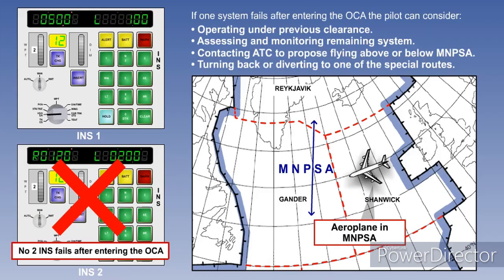If one navigation system fails once the aeroplane has entered the OCA, the pilot should normally continue to operate in accordance with the clearance already received, appreciating that the reliability of the total navigation system has been reduced. The pilot should assess and monitor the performance of the remaining system for the remaining portion of the flight in MNPS airspace. He may propose to ATC to fly above or below MNPS levels, turn back or divert to one of the special routes.